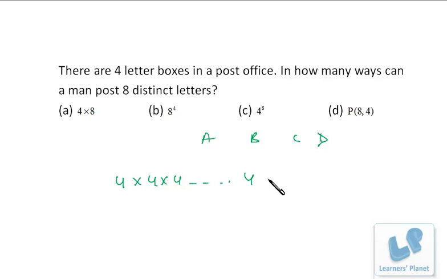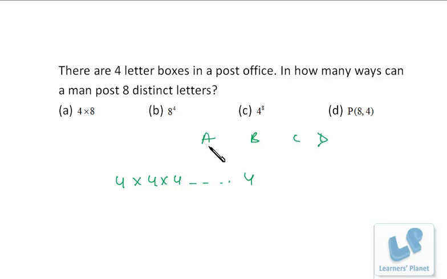Because there is a restriction on letters. See, a post box can accommodate more than one letter, but a single letter cannot go into more than one box, right? So we have a restriction on letters. So if we pick up a letter, we have 4 choices in which we can put it.